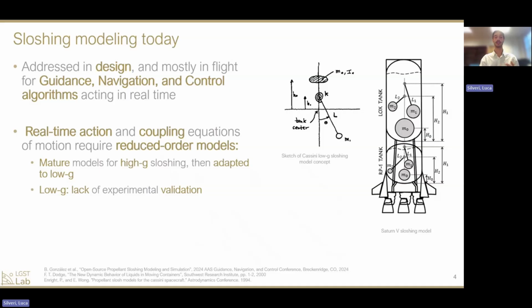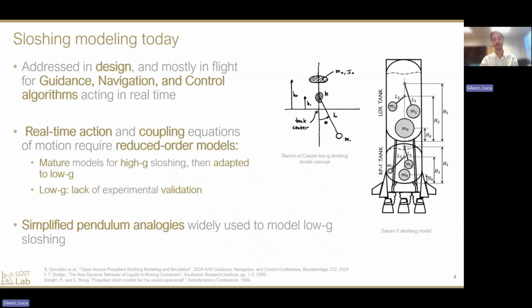So the high gravity sloshing models have been adapted to low gravity. One of the most common ones is the pendulum analogy. And today, simplified pendulum analogies are widely used to model low gravity sloshing.